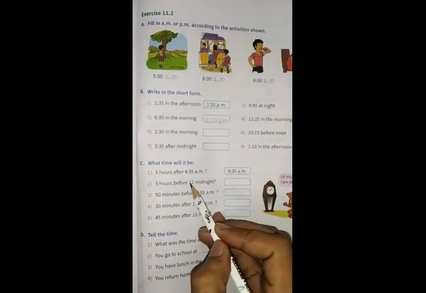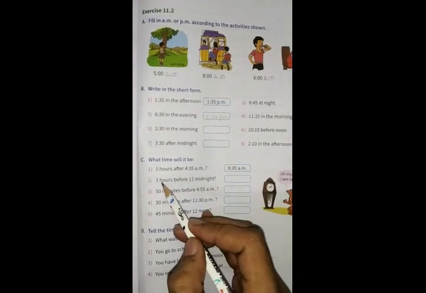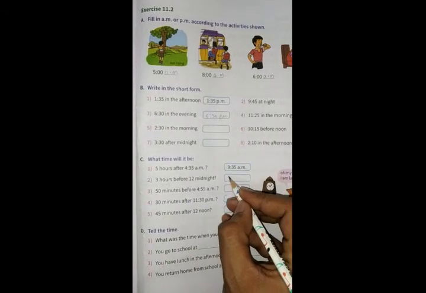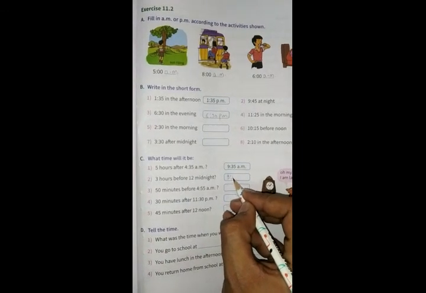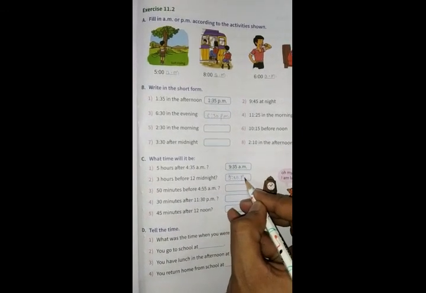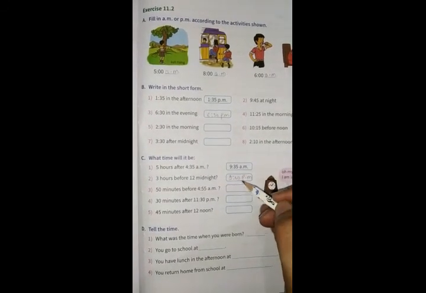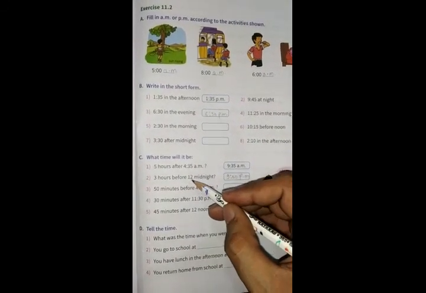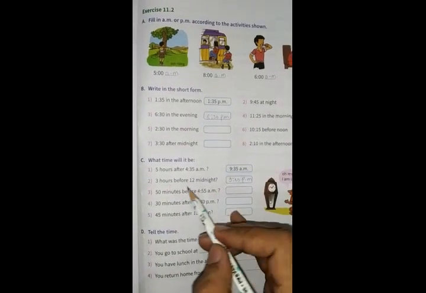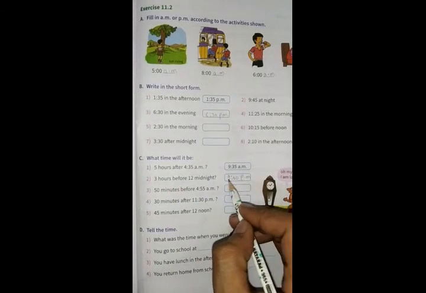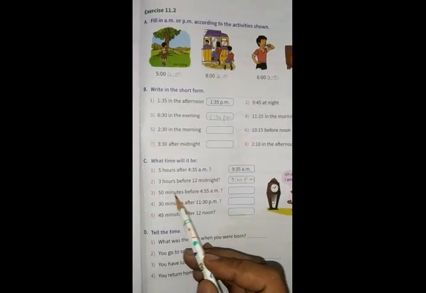What will the time be 3 hours before this? Then it must be 9 PM, because 3 hours after 9 PM it must be 12 midnight. So what will the time be 3 hours before 12? 9 PM.